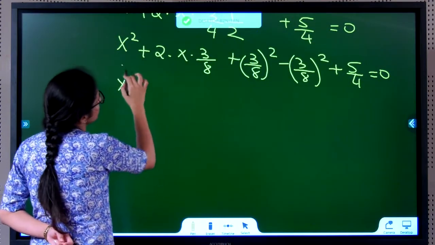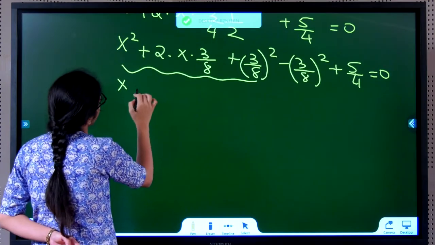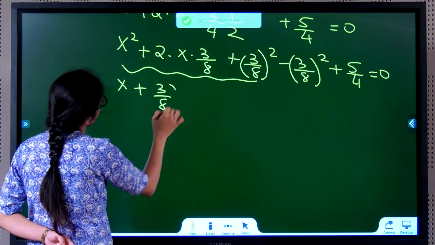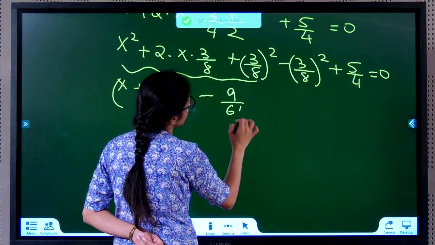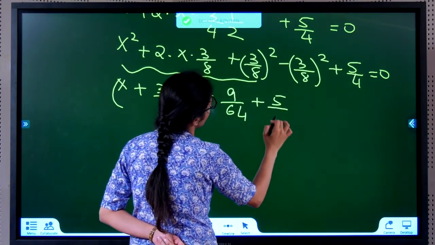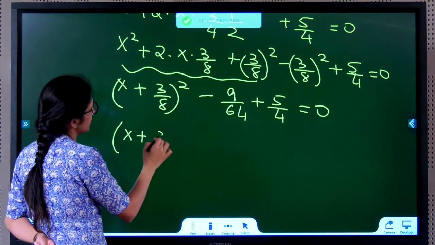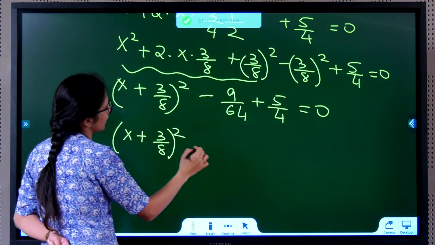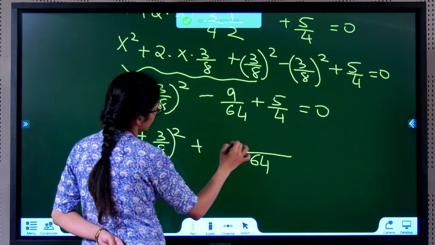So it becomes this. If you add up all this, a square plus 2ab plus b square, a plus b the whole square, minus 9 by 64 plus 5 by 4 is equal to 0. x plus 3 by 8 the whole square, LCM of this is 64, minus 9.